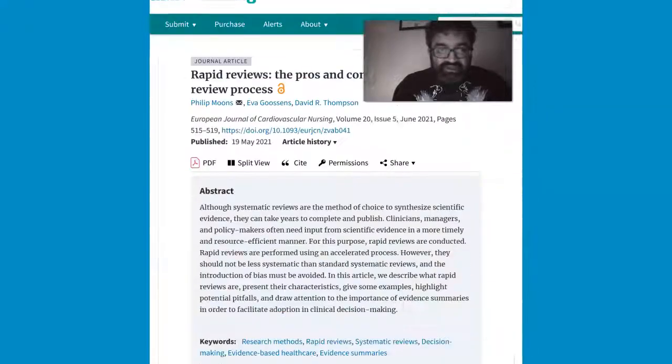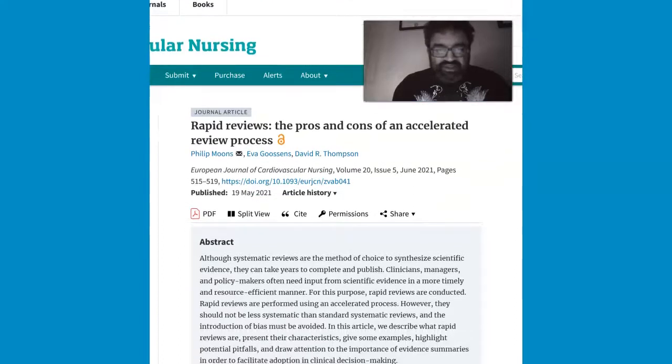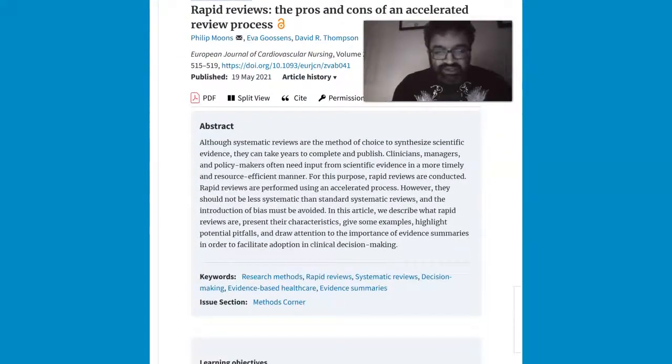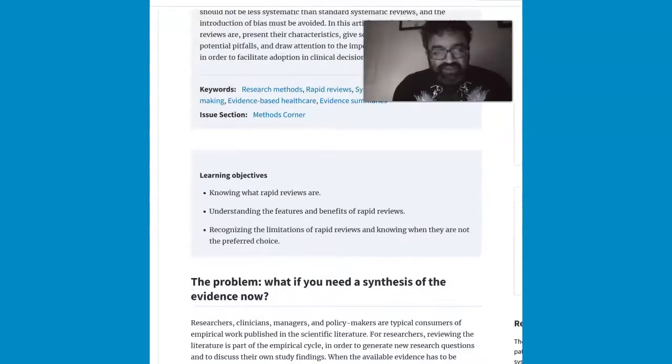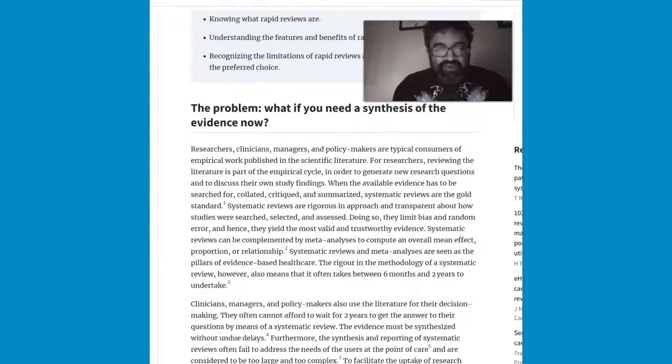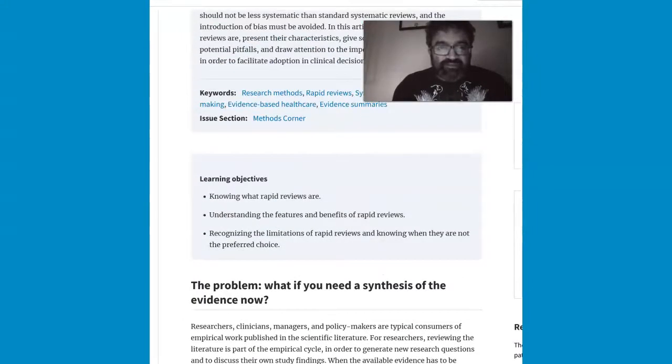Let me talk about now a more recent article. And this one is by Moons, Goossens, Thompson, and this was published in May of 2021, and this was talking more about the Salsa technique, and a little bit more about the rapid reviews.